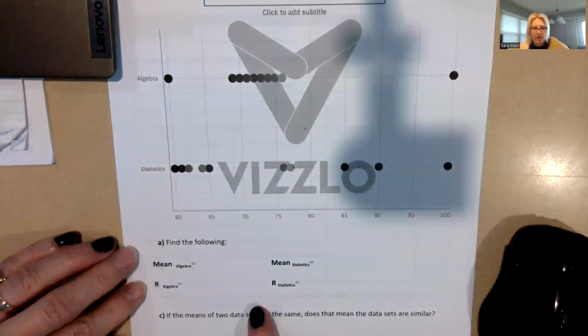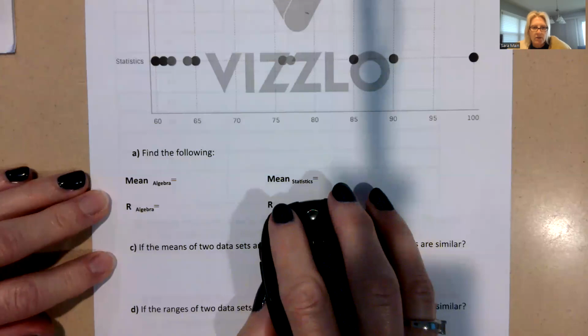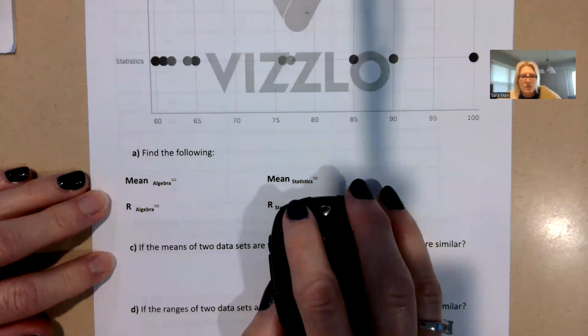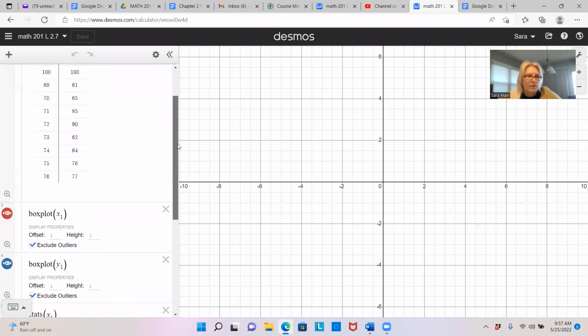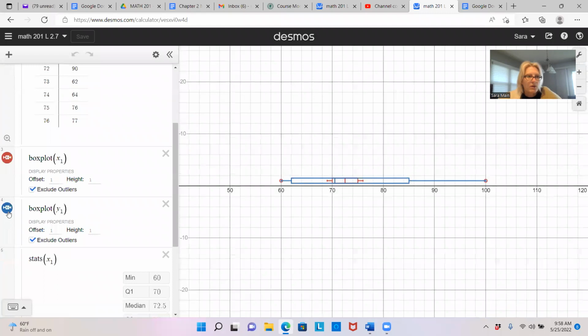Let's go ahead and find the mean and the range in Desmos of each of these sets of students. In Desmos, I have the exam data for the algebra exam on the left and the stats exam in the Y. And I'm doing a box plot of both.